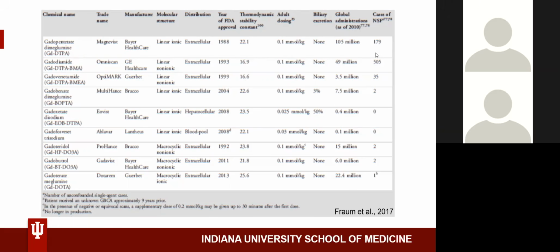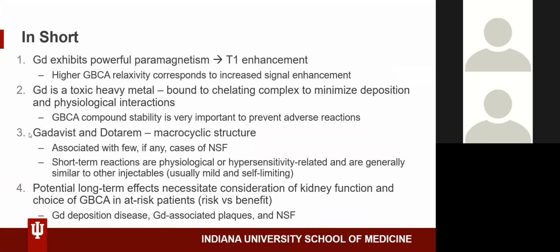And really, because of the studies into NSF and establishing the link between GBCA administration and NSF, these days there are very, very few new cases of NSF because of the identification of at-risk patients and then using these macrocyclic, very stable GBCAs in those patients, which are associated with very, very few cases of NSF.